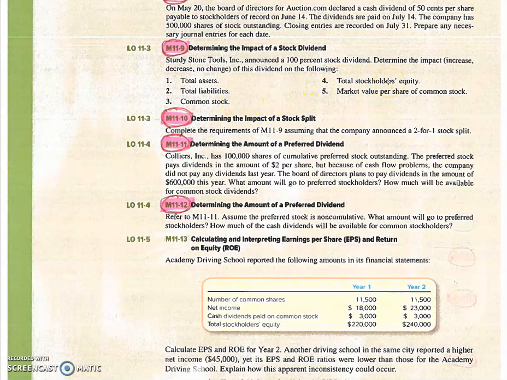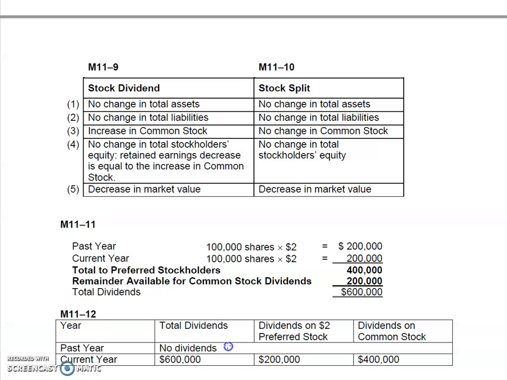Total stockholders' equity will be unchanged, and the market value of the stock would be almost cut in half. Usually it cuts in half and then goes up a little bit as a signal that the company expects to do well in the future. So no change, no change, no change, no change, and decrease in market value.